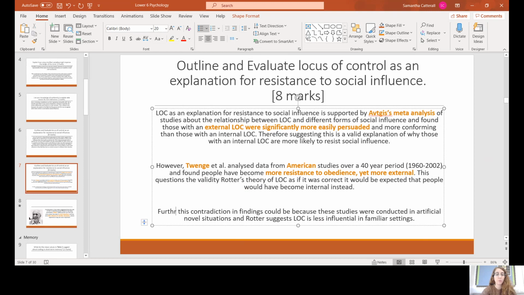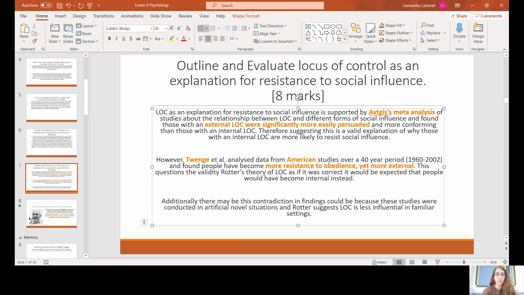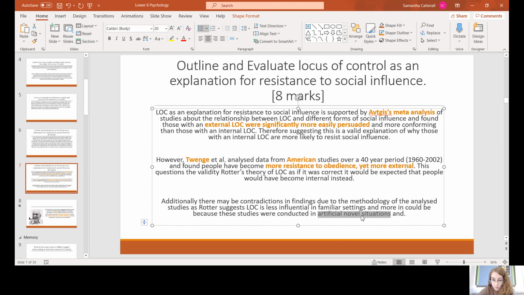In fact, I'll put additionally. Additionally, there may be contradictions in findings, methodology of the analysed studies, as Rotter suggests locus of control is less influential and more in novel situations.